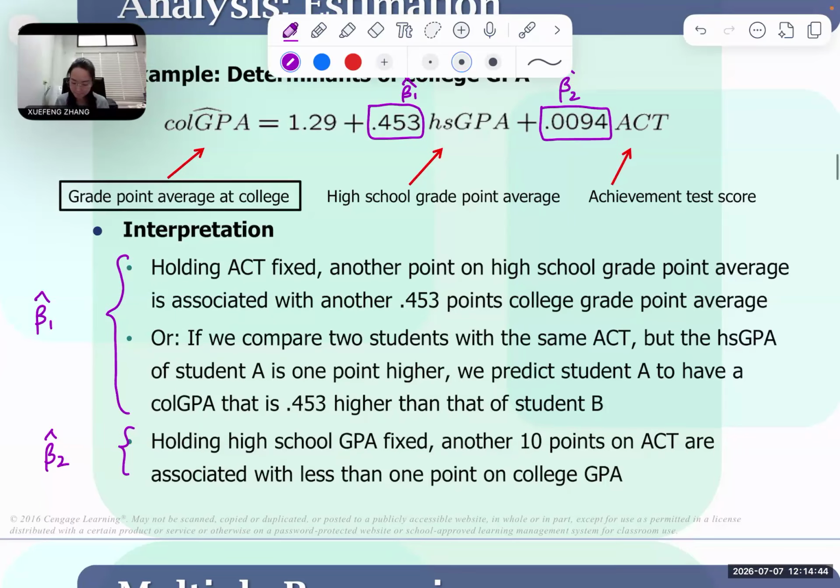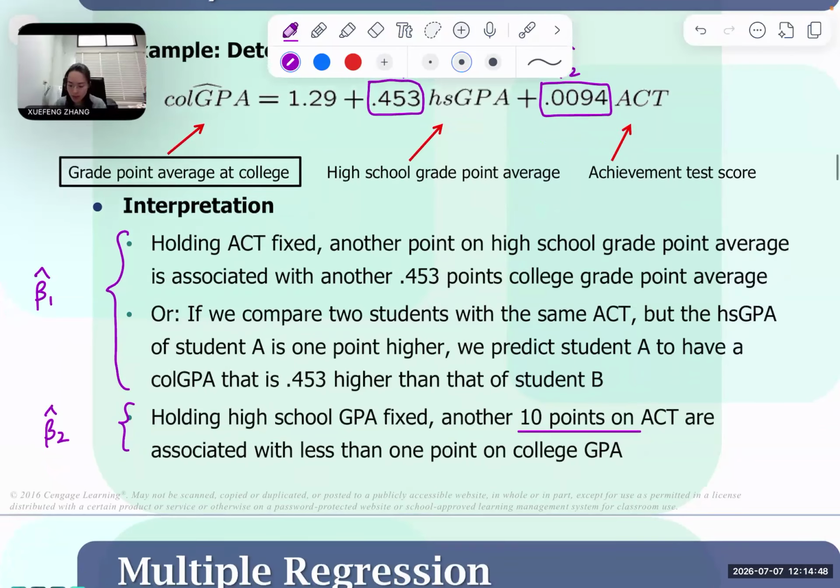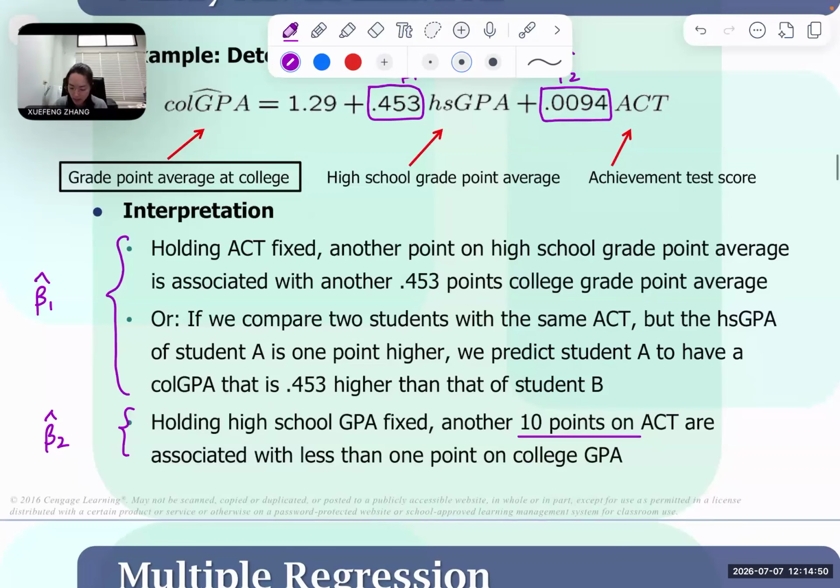Here 10 points on ACT means we have 0.094, okay? Even 10 more ACT points only add about 0.094, less than a tenth of a point on GPA.